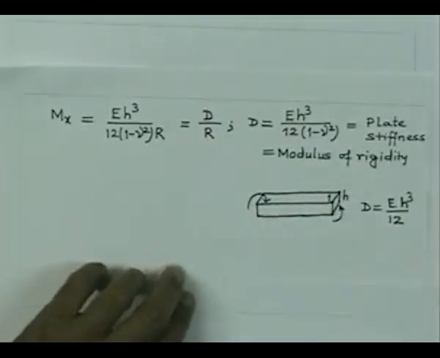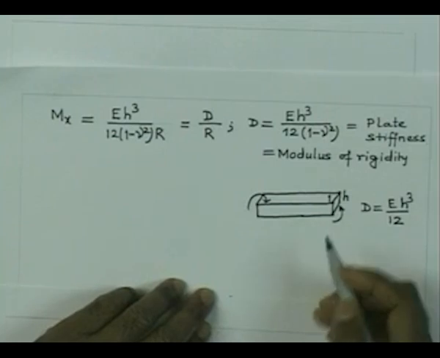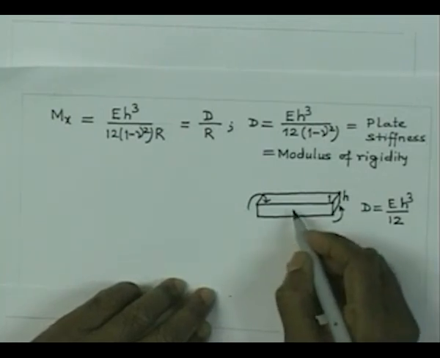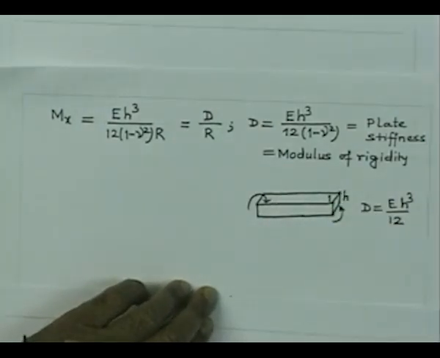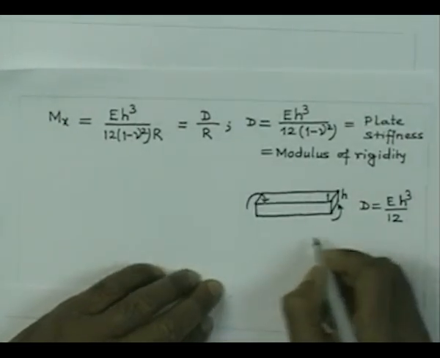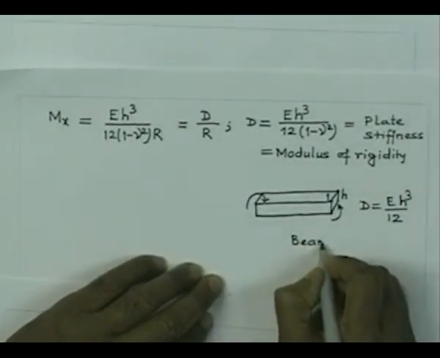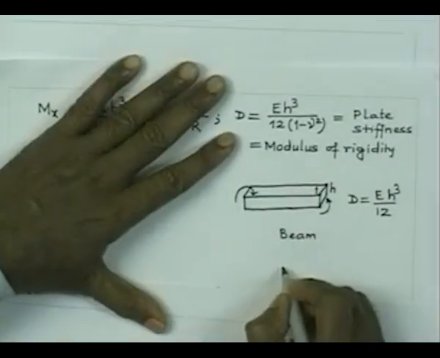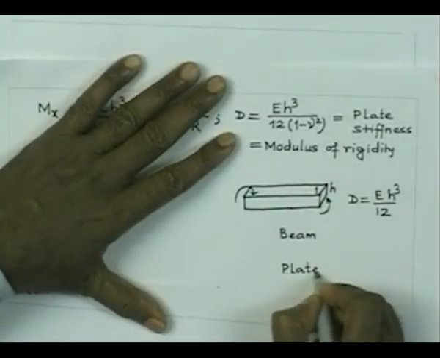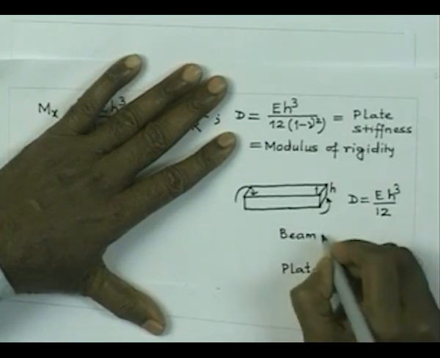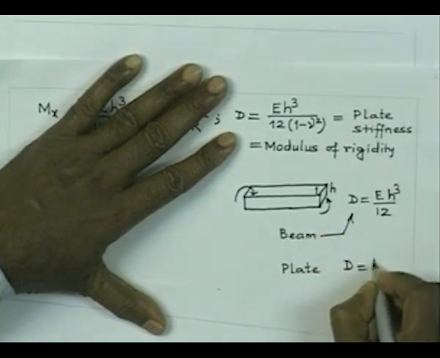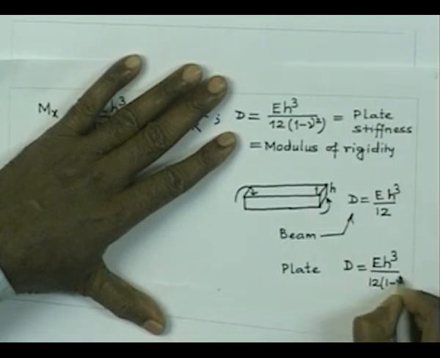But on the other hand, if this is a part of a plate, then in that case we find that these faces are not free of any stress, and the plate gets extra rigidity. So, this is beam, and in the case of a plate we get extra rigidity, and this D is now equal to E h cube by 12 into 1 minus nu square.